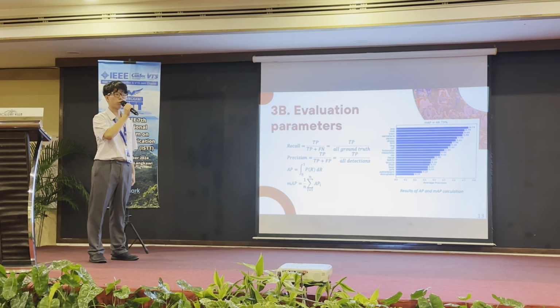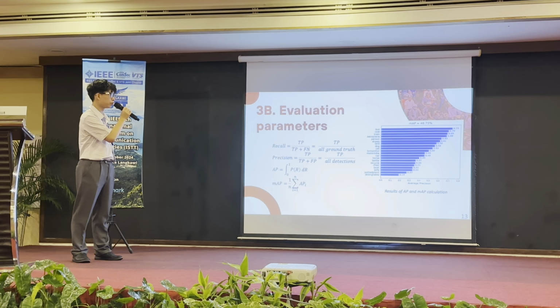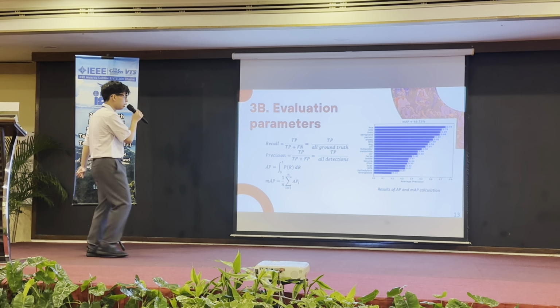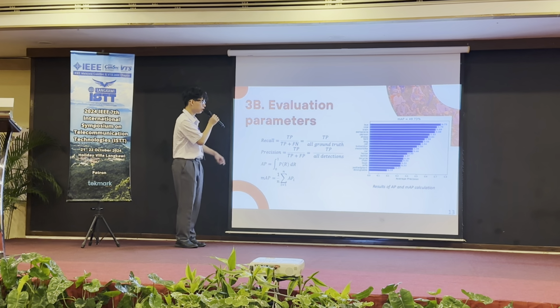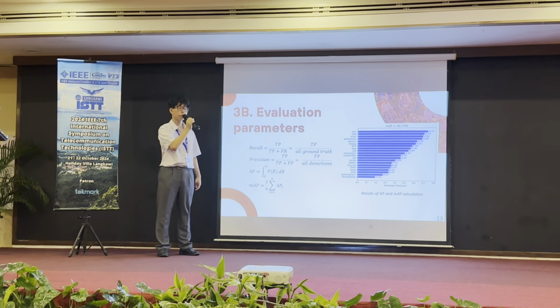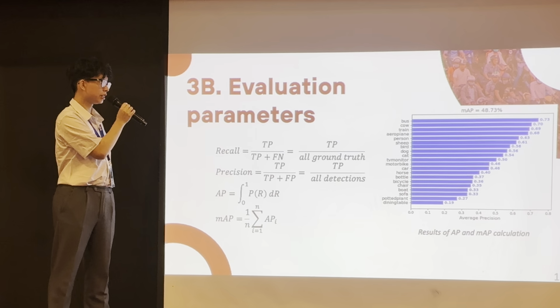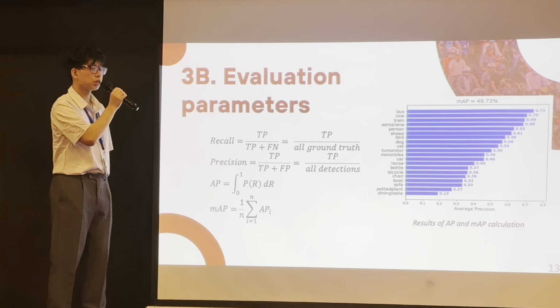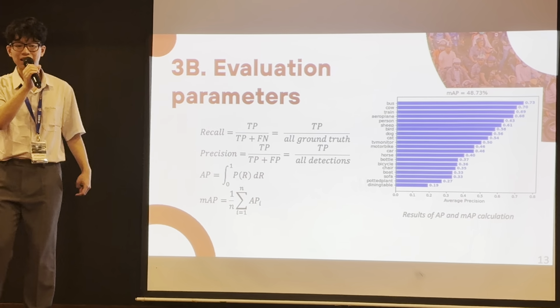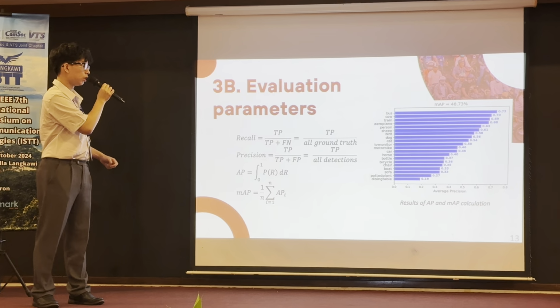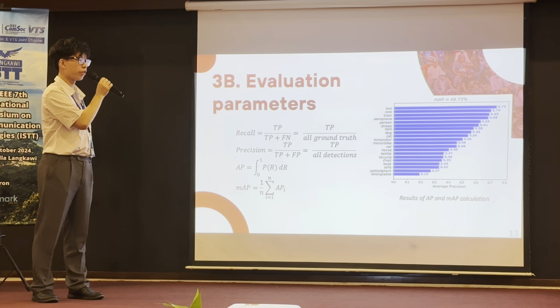And here are 4 evaluation parameters that we will use for our data. So the first one is recall, which is true positive over true positive plus false negative, which basically means the amount of objects that is actually predicted to be true and is actually true over all objects that are true, whether they are predicted or not.